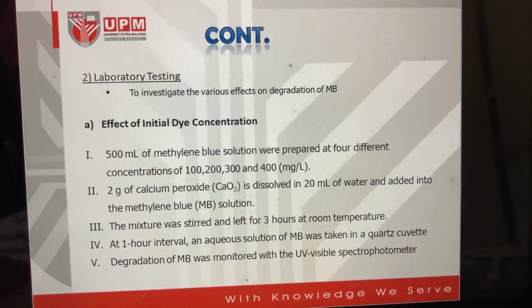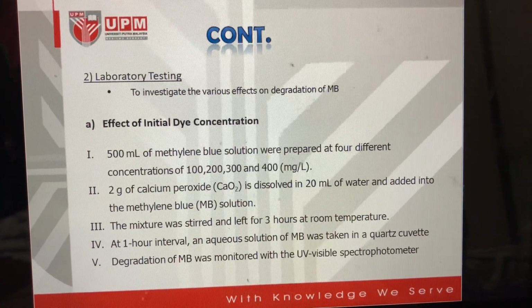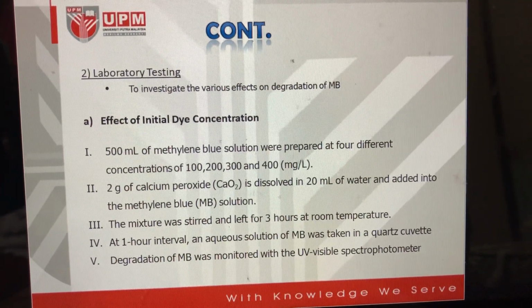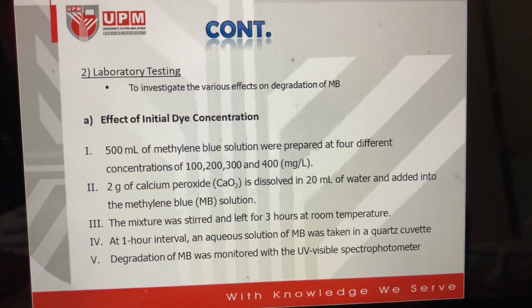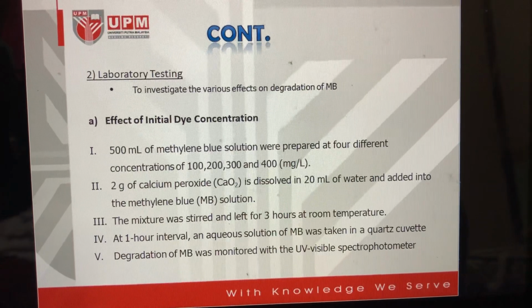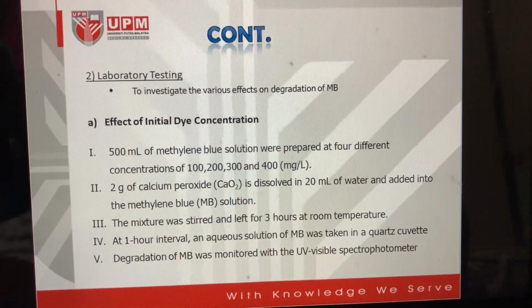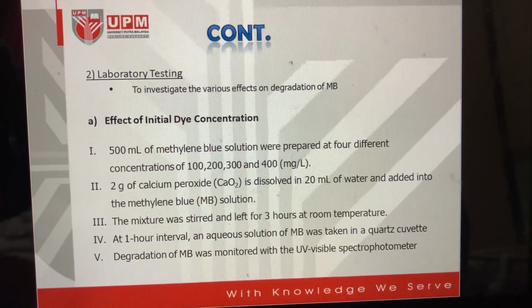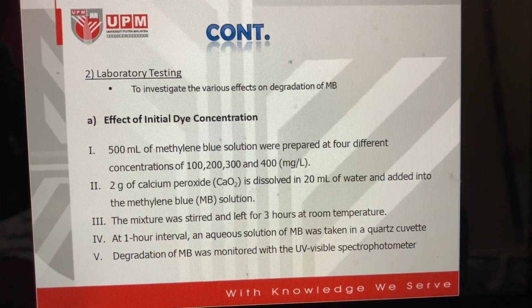The laboratory testing is to investigate the various effects on the degradation of methylene blue. The first one is the effect of initial dye concentration. Under this part, 500 milliliter of methylene blue solution was prepared at 4 different concentrations, which are 100, 200, 300, and 400 milligram per liter.